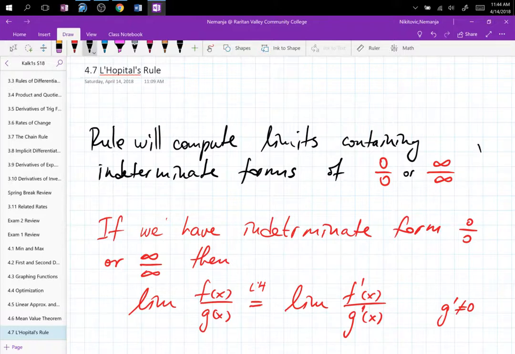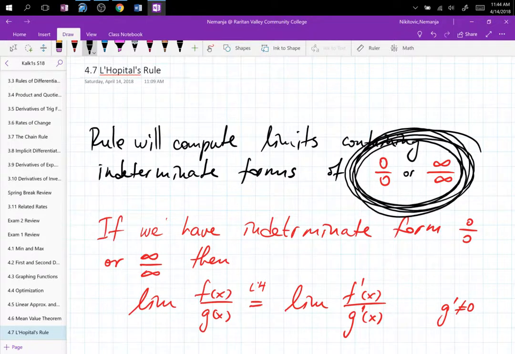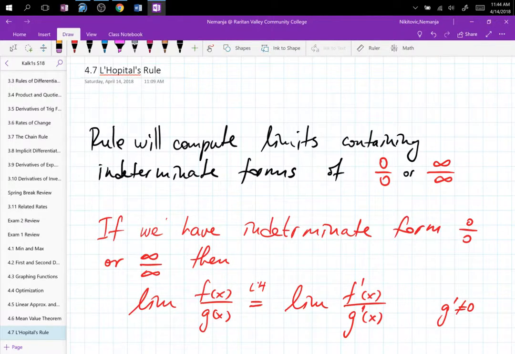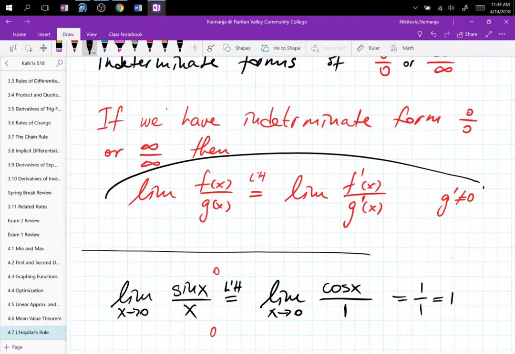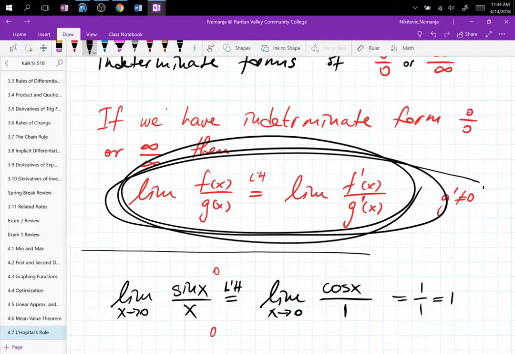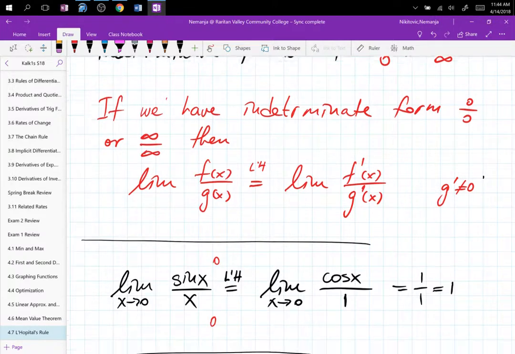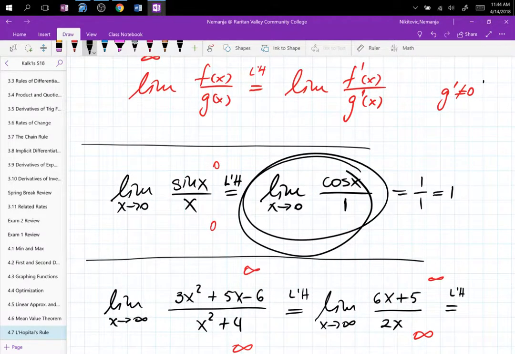If you have one of the two indeterminate forms when you try to plug the value in, then the formula for L'Hopital kicks in, where you can take the derivative of the numerator and the derivative of the denominator independently of each other, so it's not a quotient rule, and obtain a new problem that is completely different from the original problem, but has the same answer.